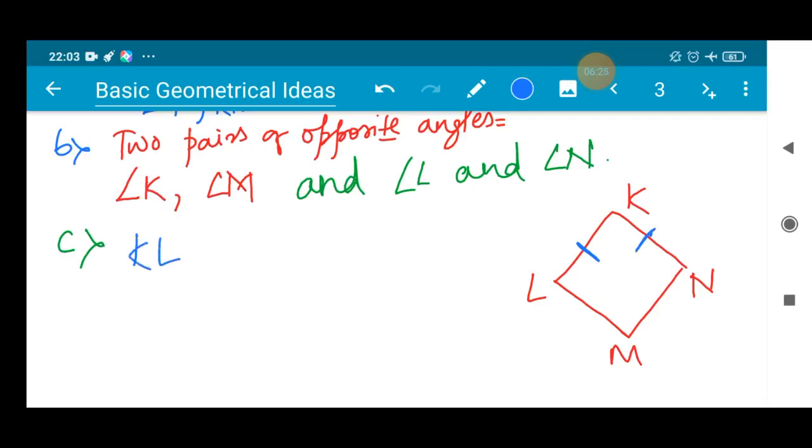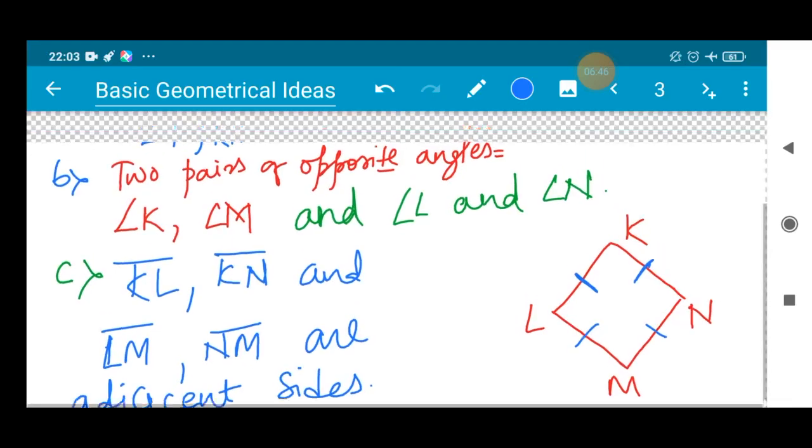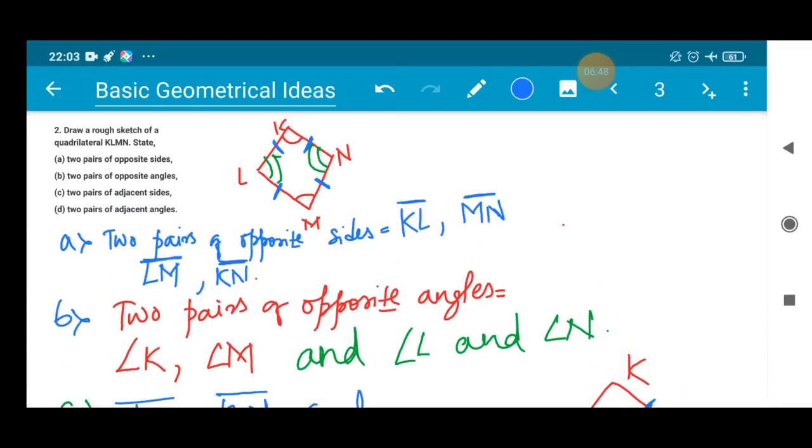So KL, KN, and if I consider LM, then NM is another adjacent side. LM and NM are adjacent sides. I hope you people understood this.